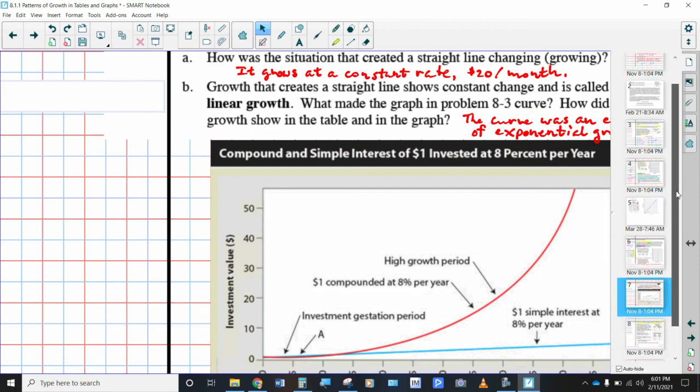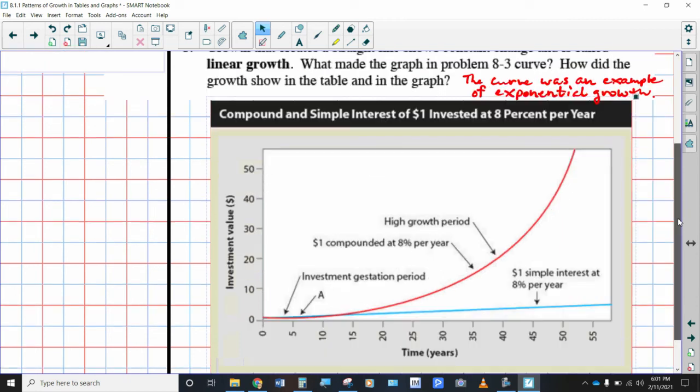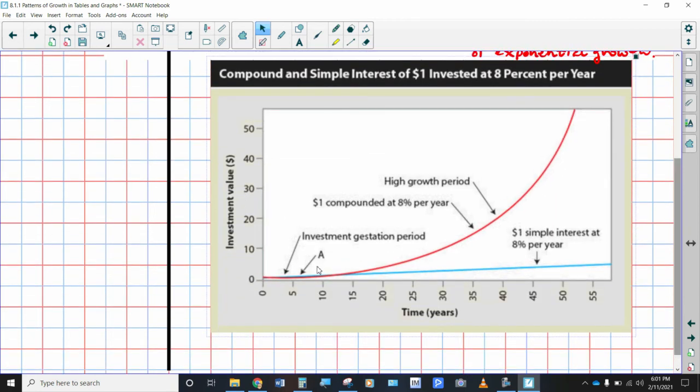This is a comparison of the difference between linear growth at a constant rate for simple interest, let's call it 8% per year, where you start off with a certain amount of money and then it just grows at a constant rate, and exponential growth where it is compounded over time.